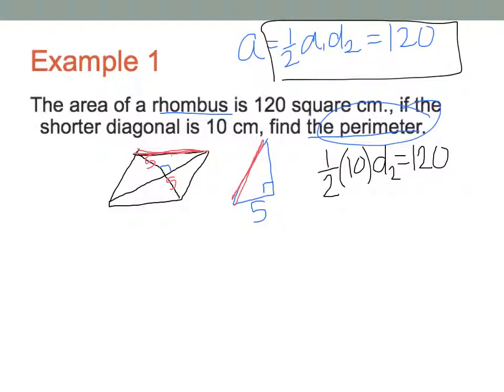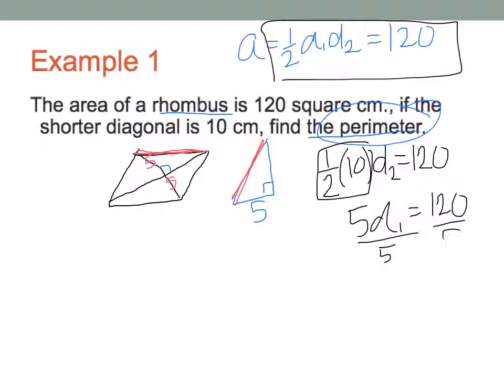Let's solve for the second diagonal. I have 5 times diagonal 2 equals 120, because I simplified over here. And now to solve for diagonal 2, let me divide both sides by 5, and I get diagonal 2 equals 24. Okay, this entire diagonal equals 24.